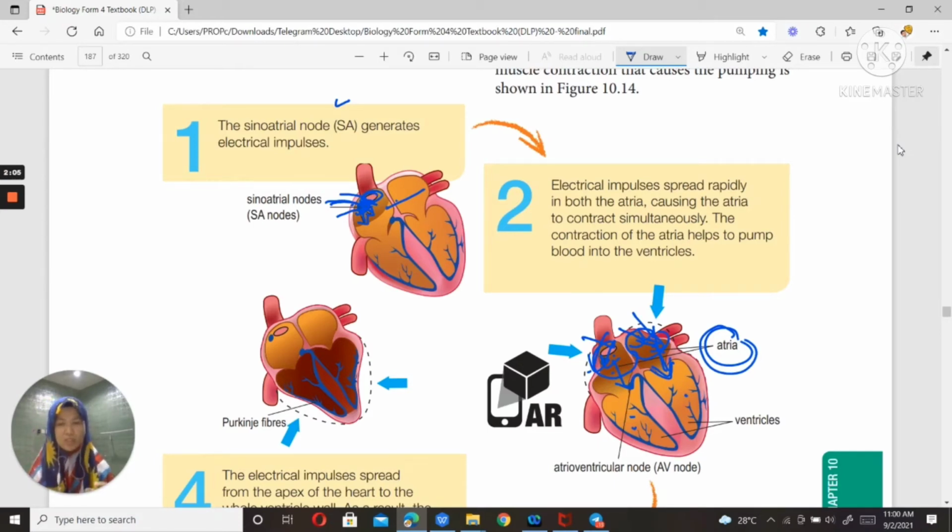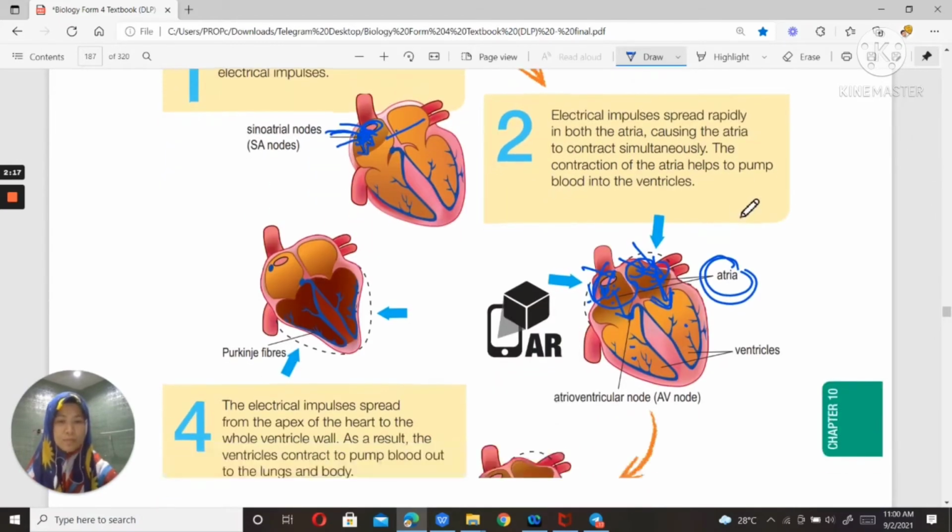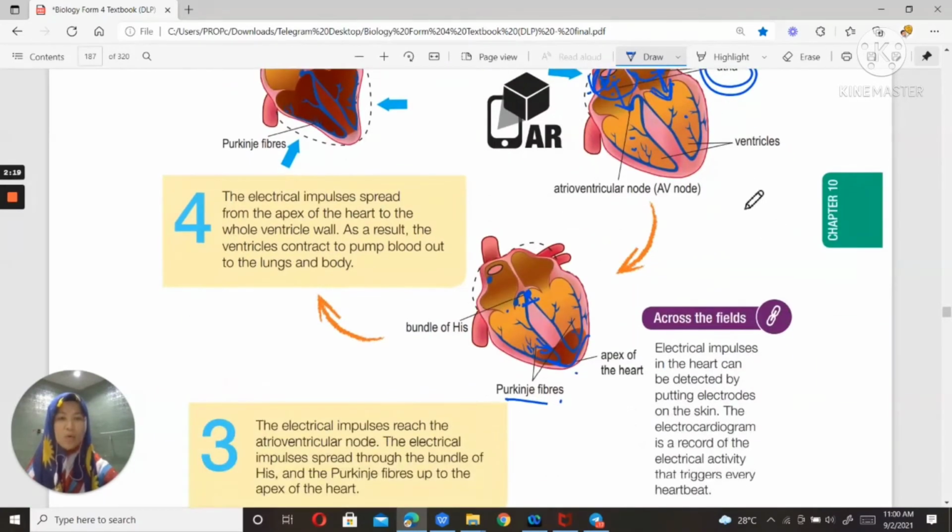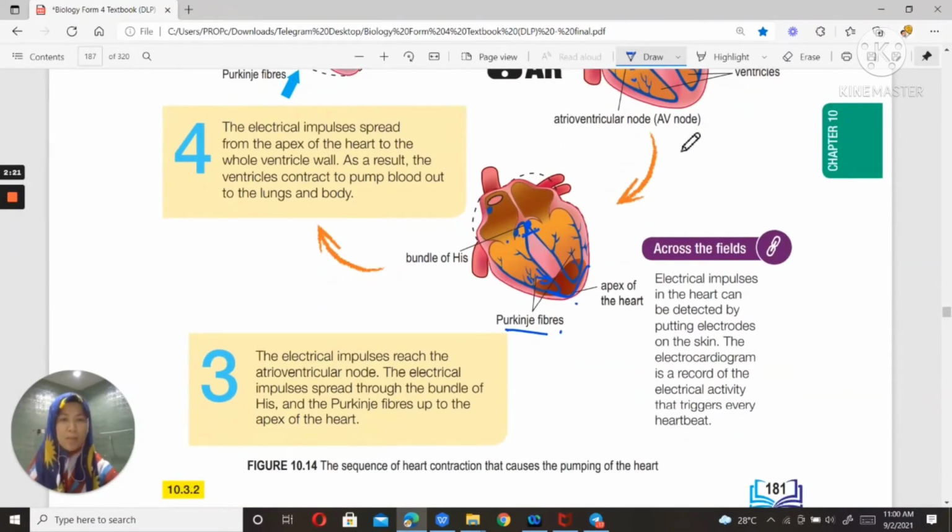So awak kena merge apa yang awak dah belajar sebelum ni, blood flow in the heart, and now we have to relate it with the electrical impulse. Okay, so now when blood is pushed into the ventricle, at the same time, the electrical impulse will reach the AV node. So here is the AV node, the atrioventricular node.